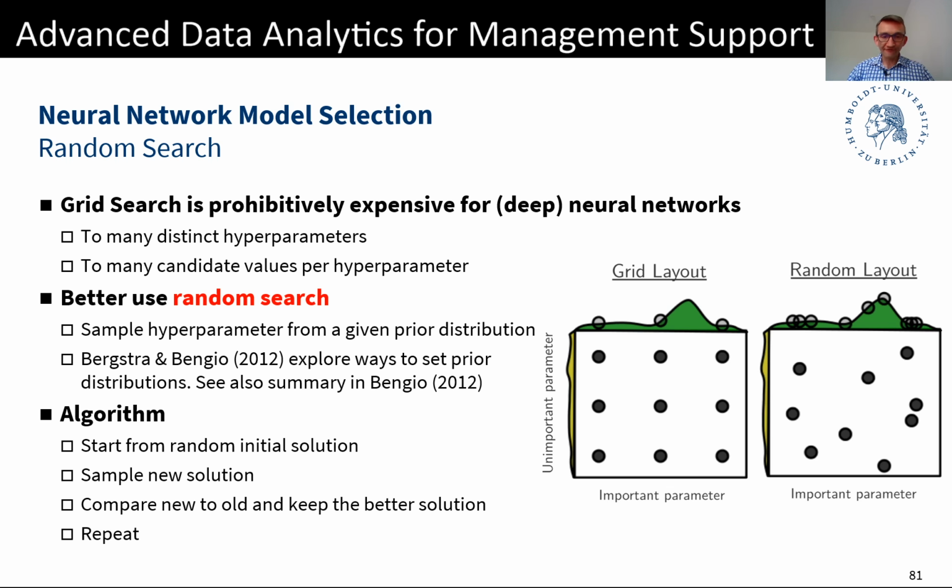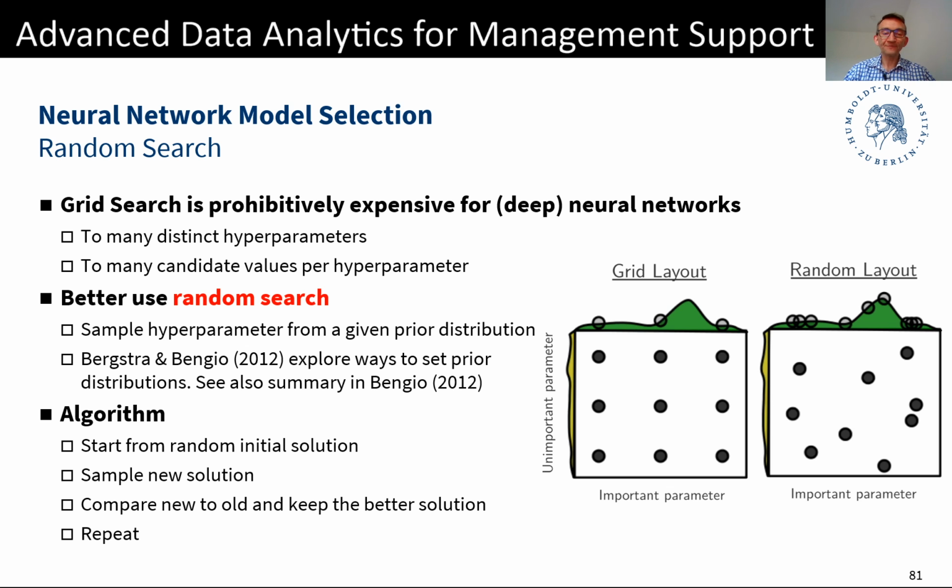The idea of this algorithm is that for each of the hyperparameters, you basically define a distribution of candidate values, and in the Bergstra and Bengio 2012 paper you find recommendations what might be a good distribution for different types of input parameters. And then you would sample input parameters from that distribution.